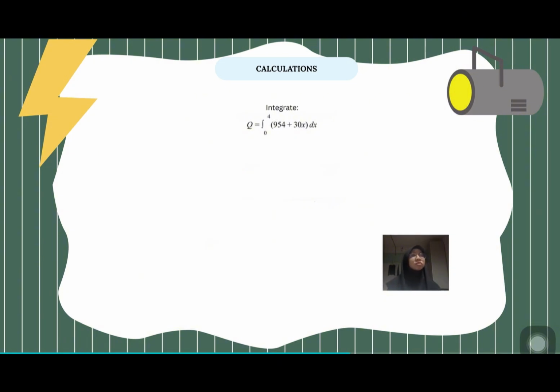Moving on to the next step, we integrate Q, the integral from 0 to 4 of (954 + 30x) dx. We integrate term by term and we get 954x + 15x². By applying the limits, substituting x equals 4, we get 954 multiplied by 4 plus 15 multiplied by 4 squared.